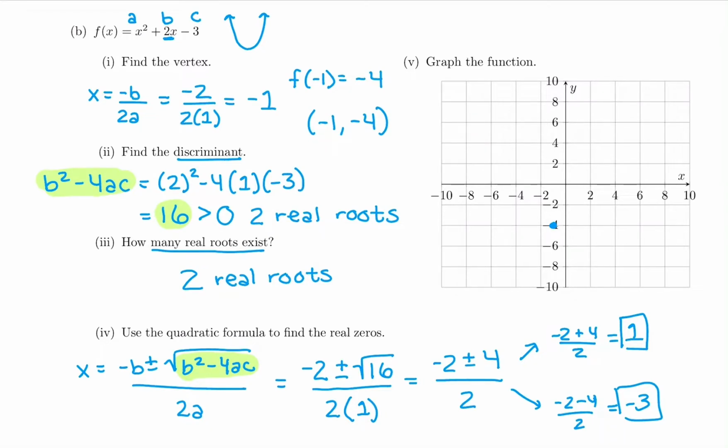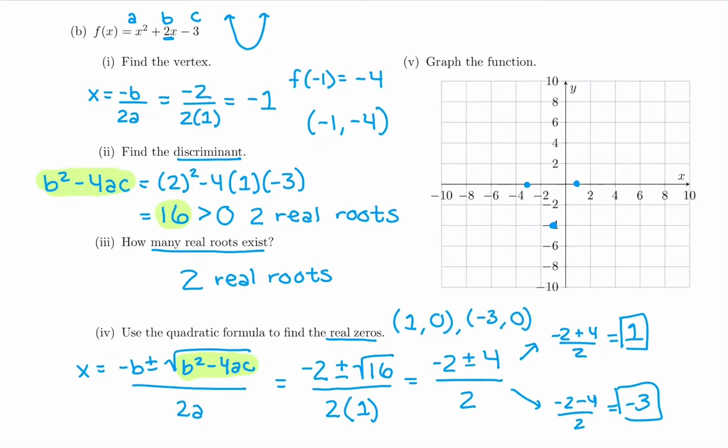So negative 3 has a y value of 0, as does positive 1. So the real zeros are the x values that give you a y value of 0. We have 1, 0, which we plotted on there, and we have negative 3, comma 0.